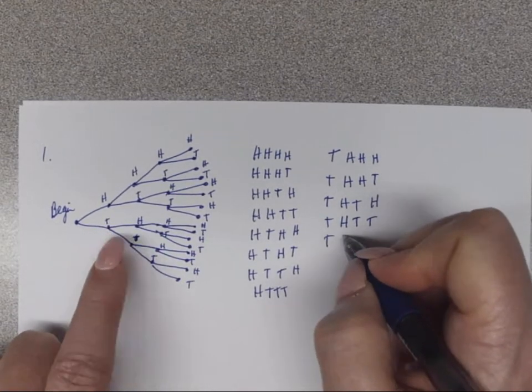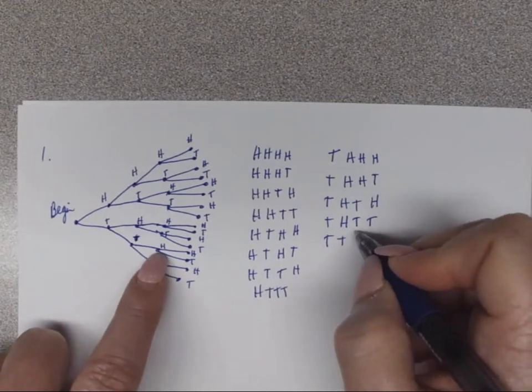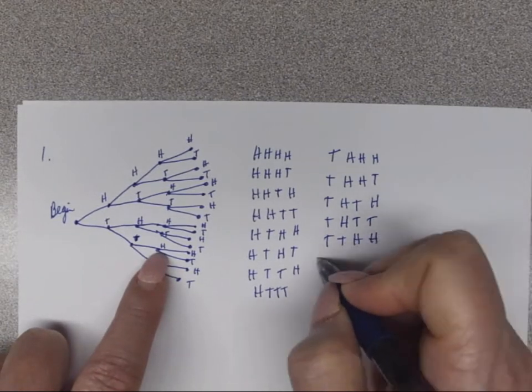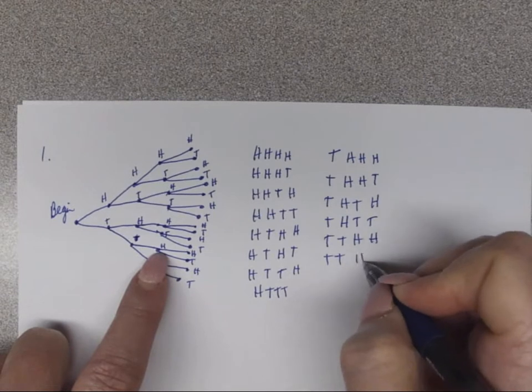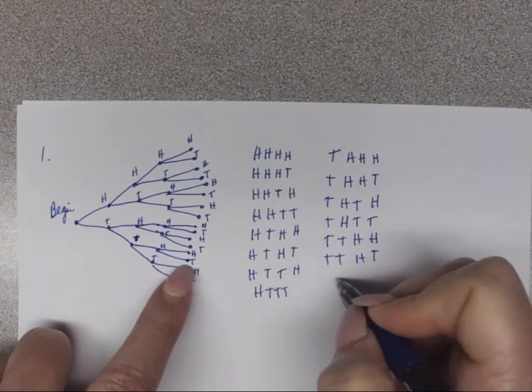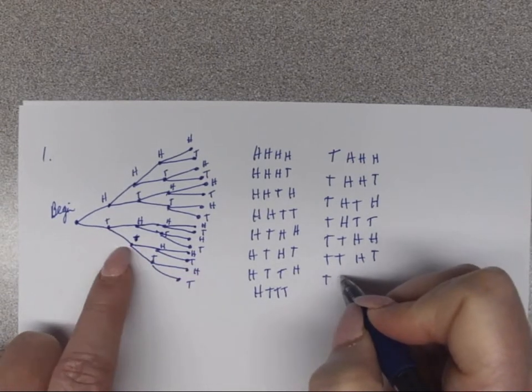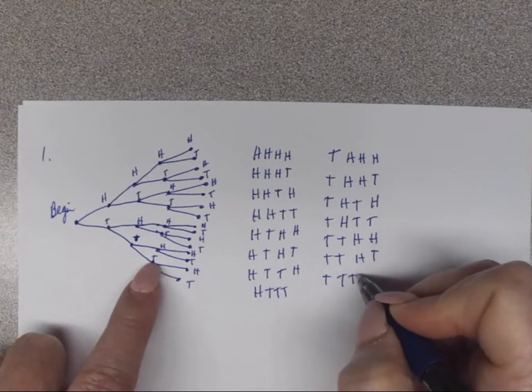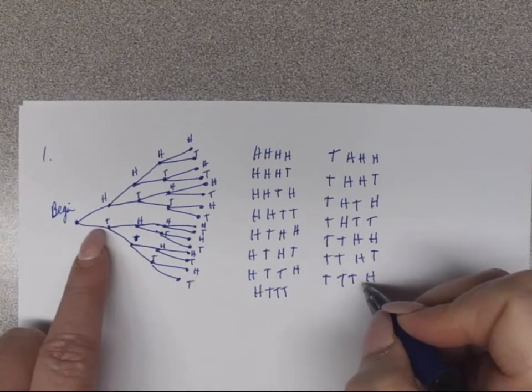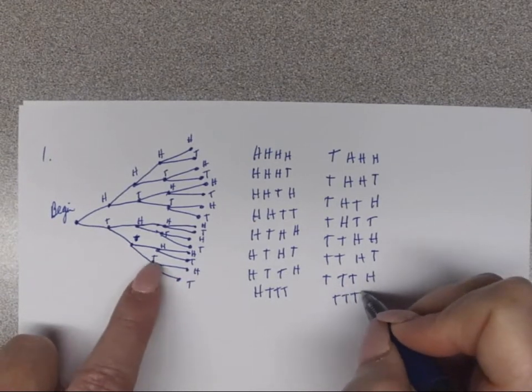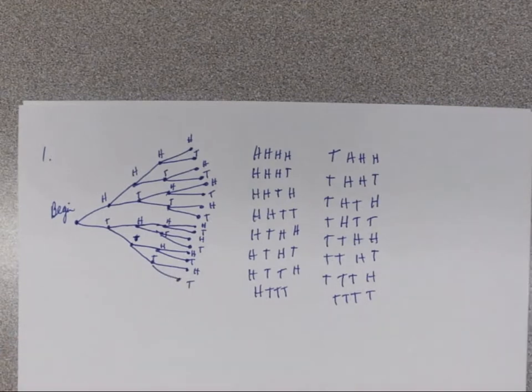We can get a tail, a tail, a head, and a head, or a tail, a tail, a head, and a tail. Or we can get a tail, a tail, a tail, and a head, or a tail, a tail, a tail, and a tail. So those are the possible outcomes that we have from this.